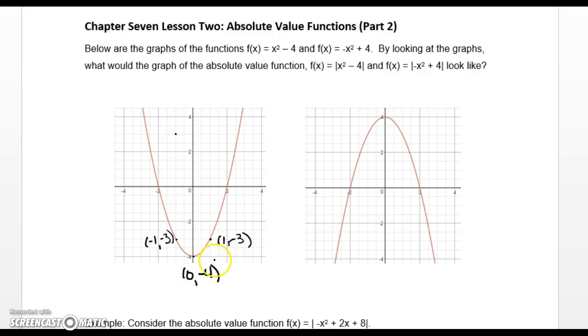Then we're going to go to our next one. We have 0 and negative 4. Well, that becomes 0 and positive 4. And then we have 1 and negative 3, so this should become 1 and positive 3. And then just remember that at this point, all of our values would reflect until we get to the x-axis, and at that point, everything would stay exactly the same.